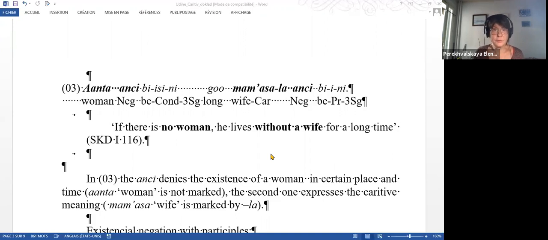So if there is no woman, he lives without a wife. Anta anchi is negation, and anta is not marked. Mama sa, wife, is part of the caritive construction, and it is marked by this marker la. So here we see the main difference between existential negation and caritive construction.